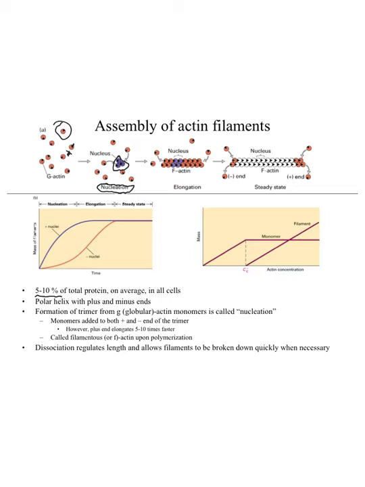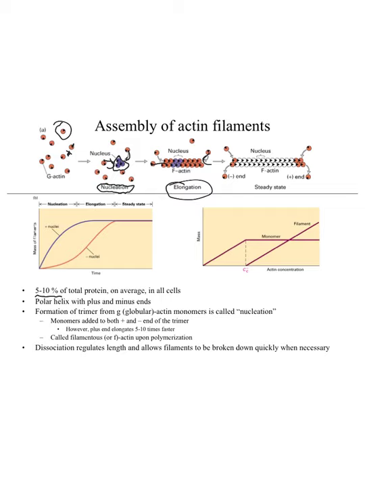But anyway, we get a nucleus, or a collection of globular actin monomers, and now from that, we can very quickly begin adding monomers to the plus or the minus end. And that begins the elongation phase. Now, what you'll notice here in the cartoon is that monomers are added a little bit quicker to the plus end than they are to the minus end.